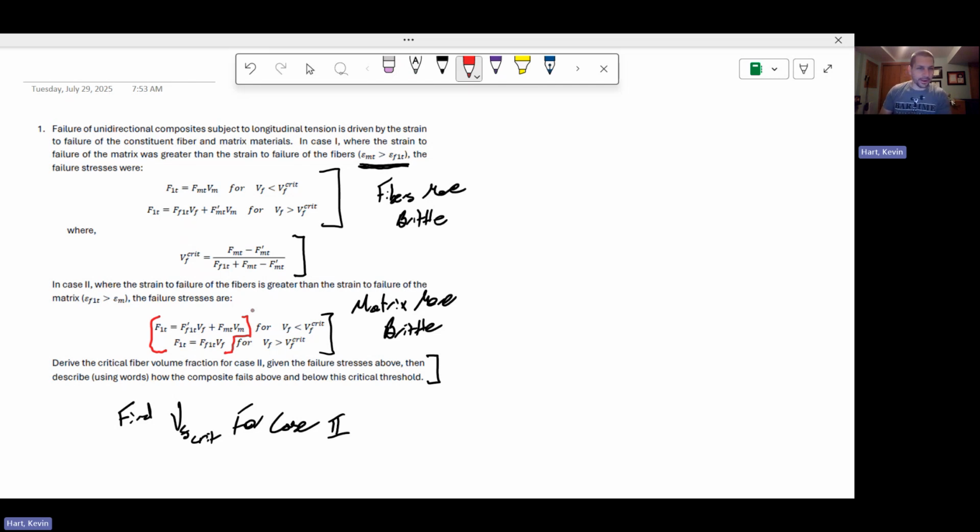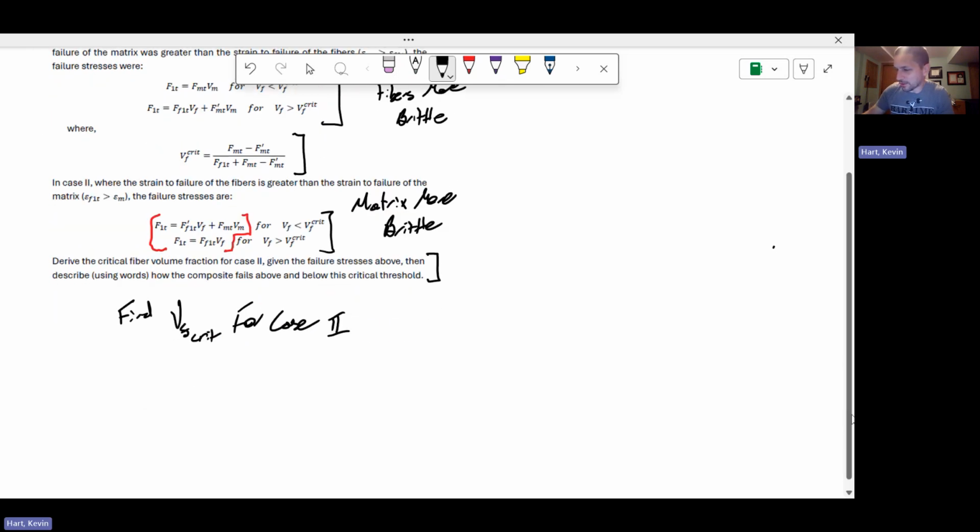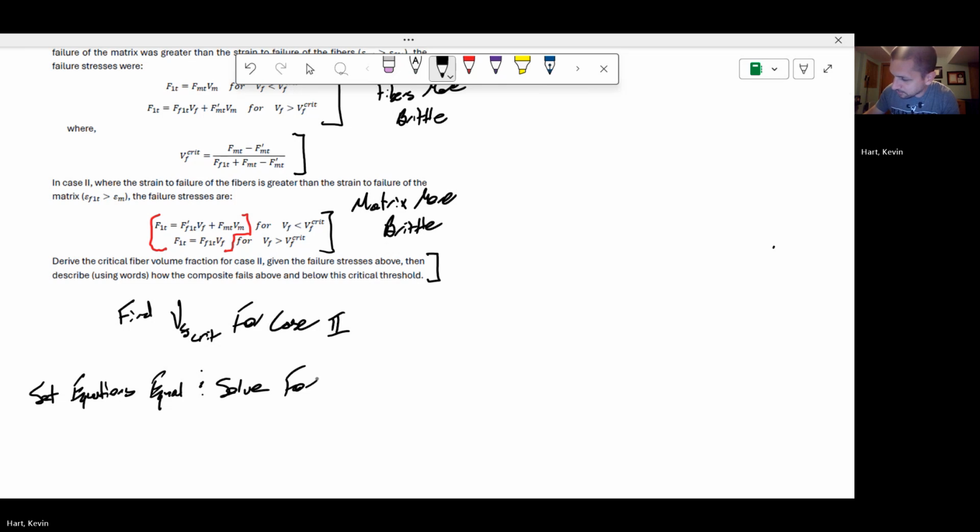And what we're looking for is the critical volume fraction where those two things are equal. It's pretty straightforward. You just more or less want to set the equations equal and solve for VF crit.